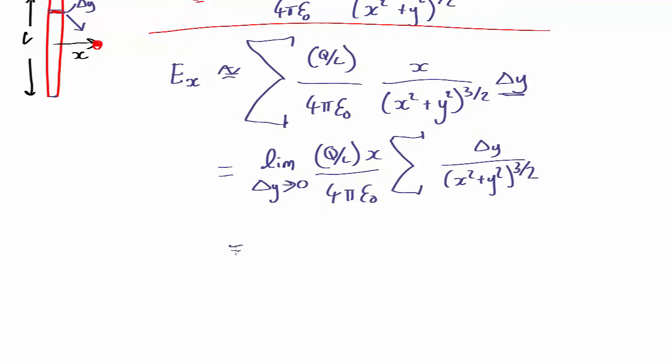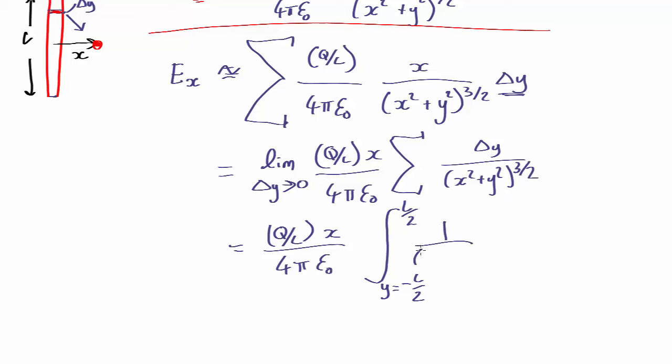So this is the same constants at the front, and now it's a definite integral. It's the integral from y equals minus L over 2 to plus L over 2, of 1 over x squared plus y squared to the 3 halves dy.